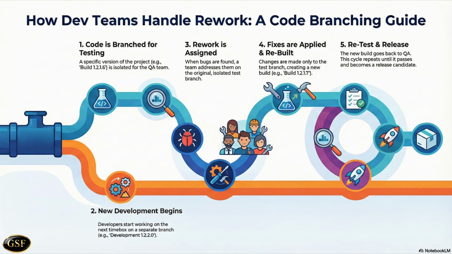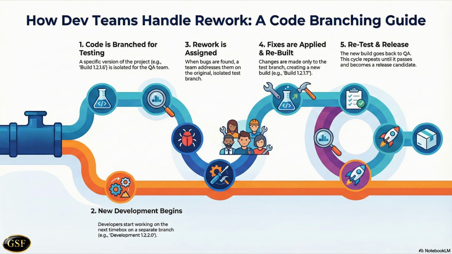The build version 1.2.1.6 branch is pristine and not touched by the second time box work. The development for the second time box could be working off a branch called development 1.2.2.0.